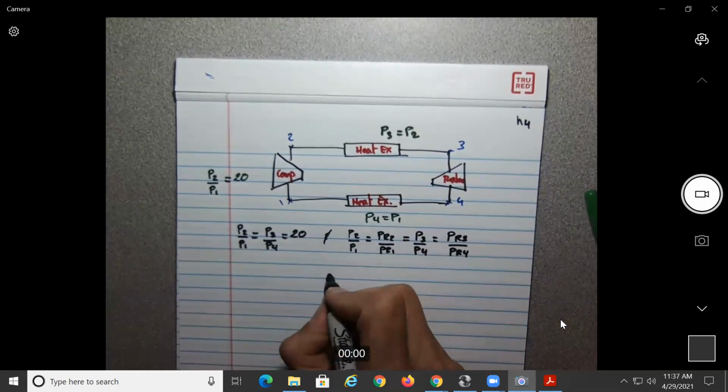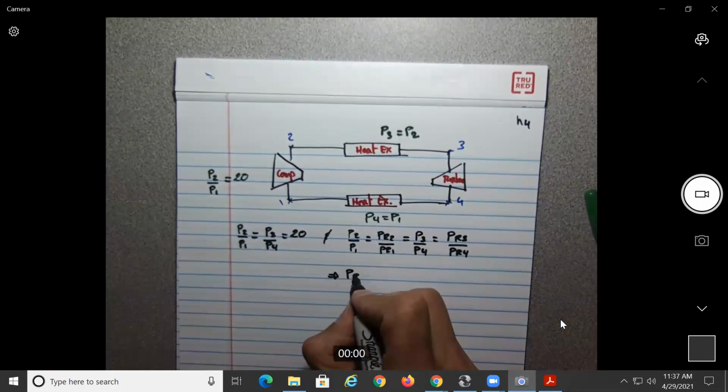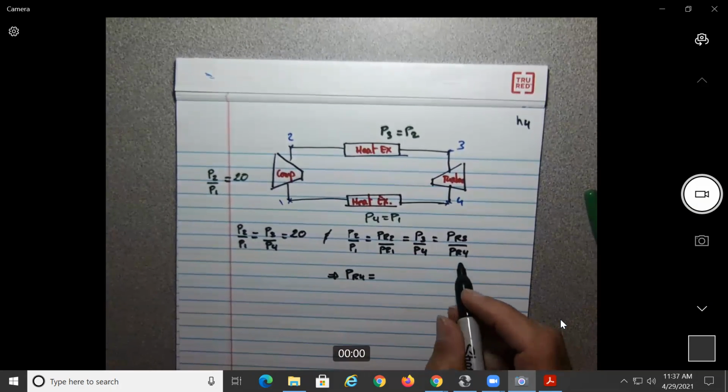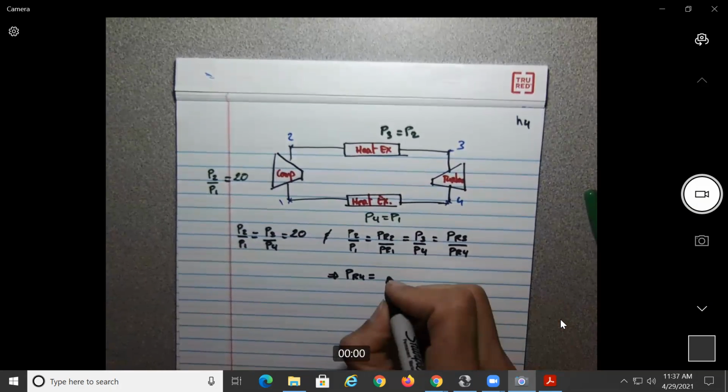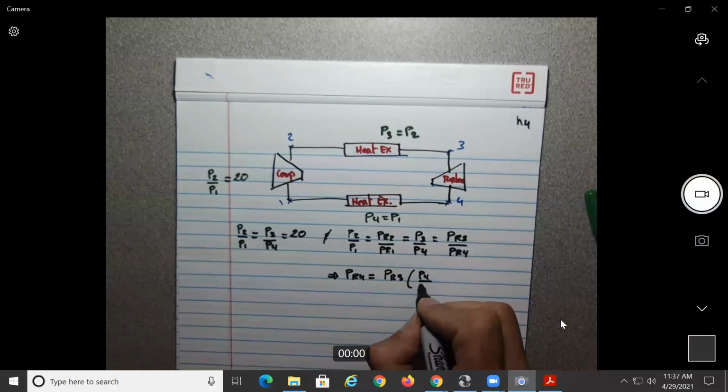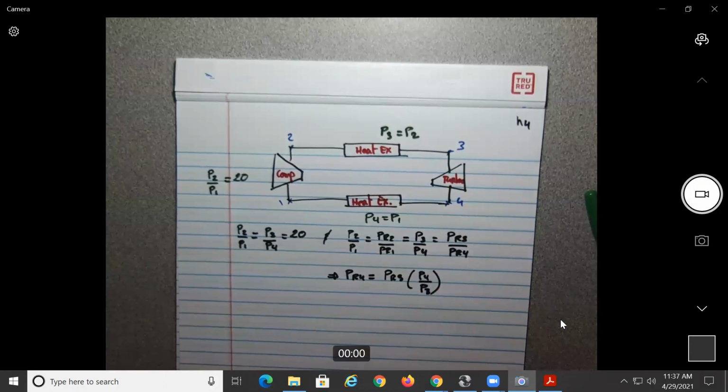So that means what? PR4 would be equal to PR3 times P4 over P3.